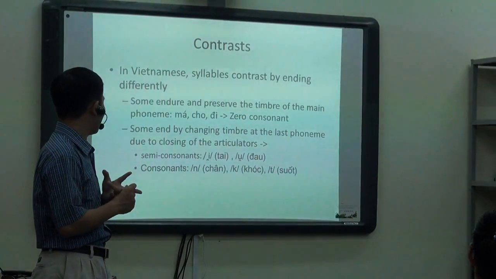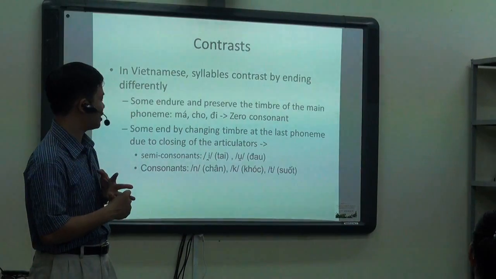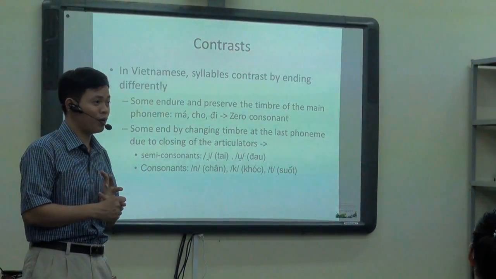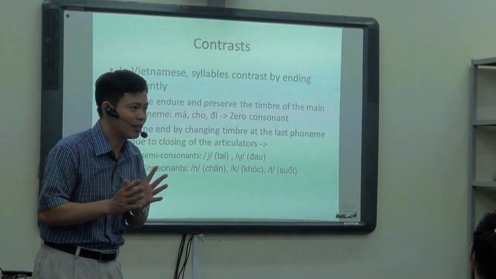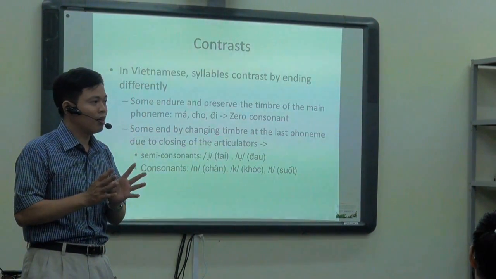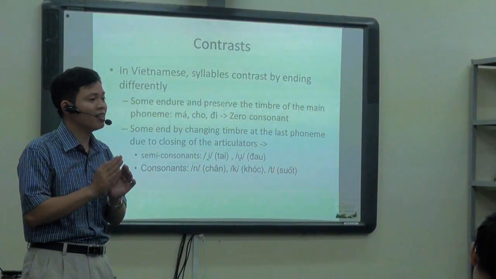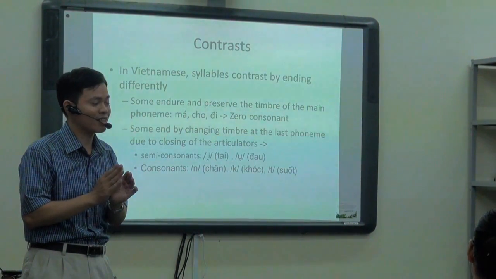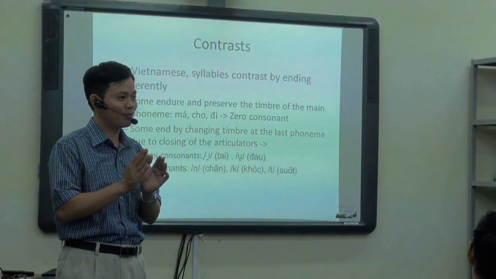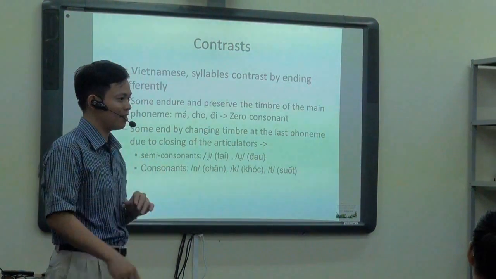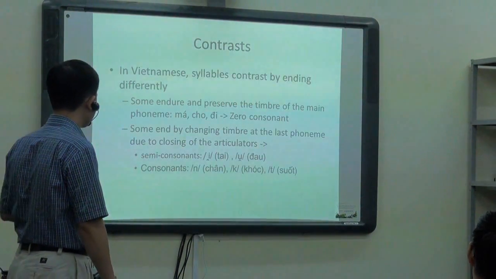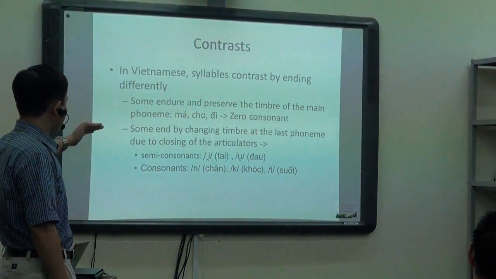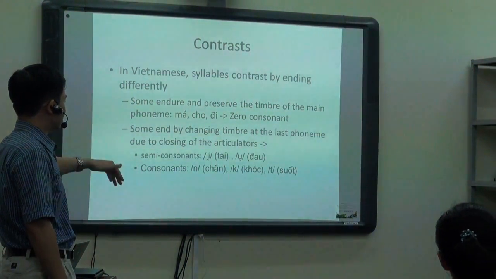Secondly, we have some of the vowels which, when they are distributed at the end of the syllables, change the sound quality, the timbre, in order to become consonants, like in the case of tai, mai, tao, thao. So it can be a semi-consonant or it can be a consonant.